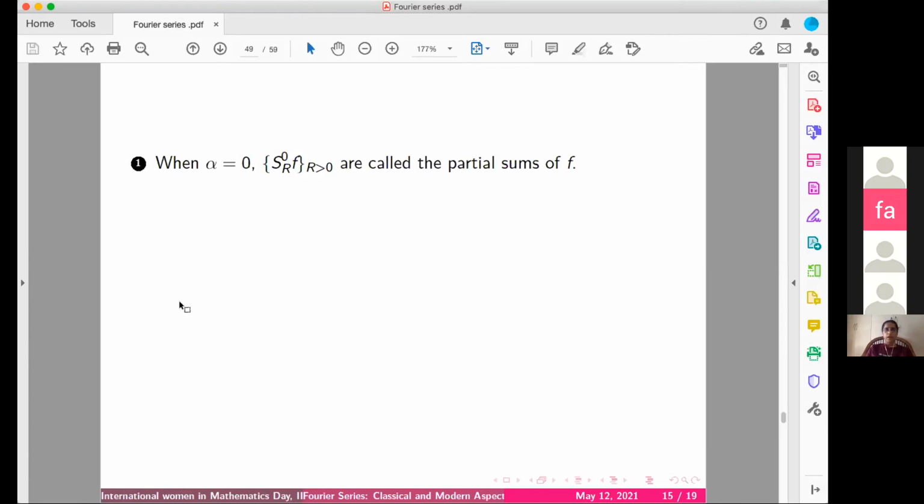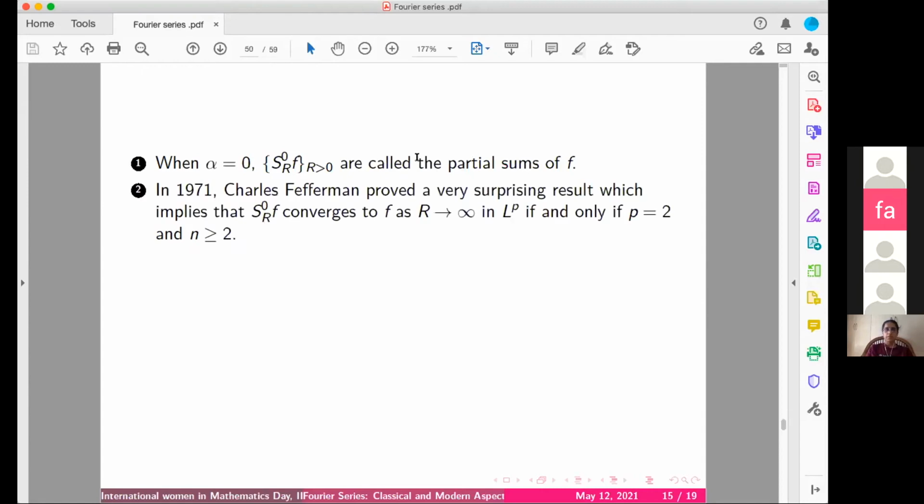So when alpha equals 0, these are called the partial sums. And in 1971, Charles Fefferman proved a very surprising result, which implies that this S_R^0 of f, which was the thing which one starts with initially, converges to f as R tends to infinity in L^p if and only if p is equal to 2.